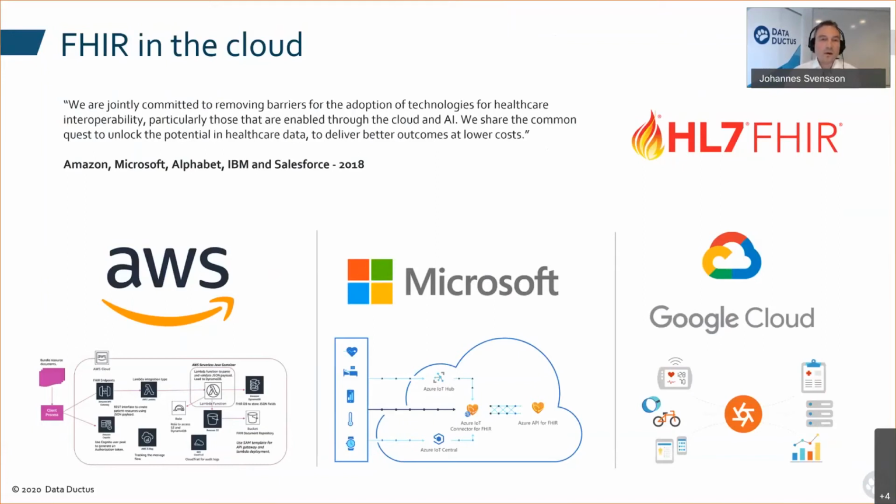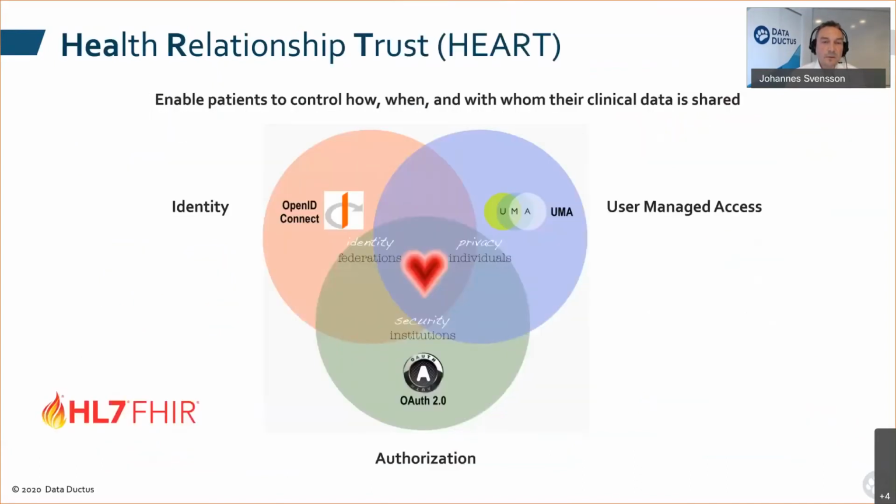But we still have one missing puzzle piece as well, and that's from the patient point of view. When we are in a confined space like one hospital or one clinic, it's easy to set up the rules for who can access what. Basically, it's the caregivers that can read data from a centralized database.